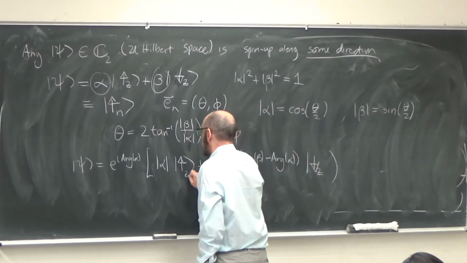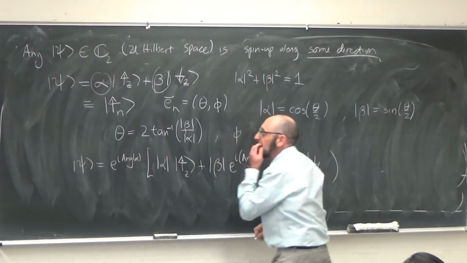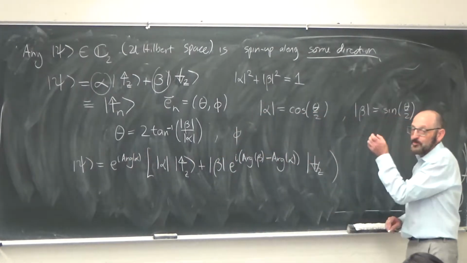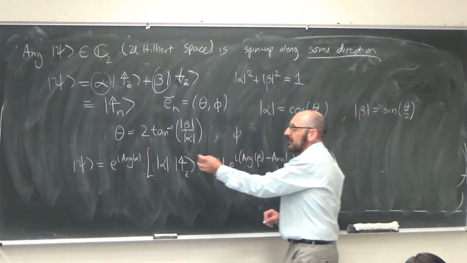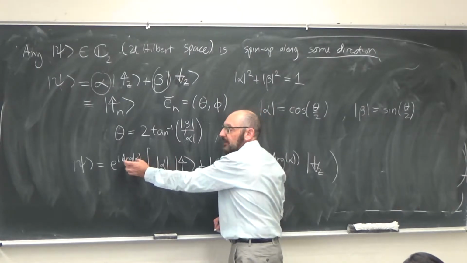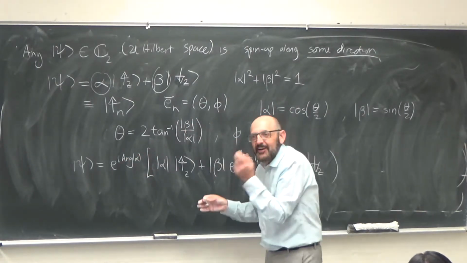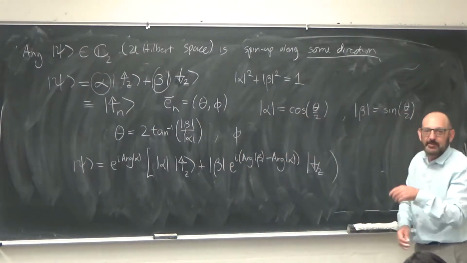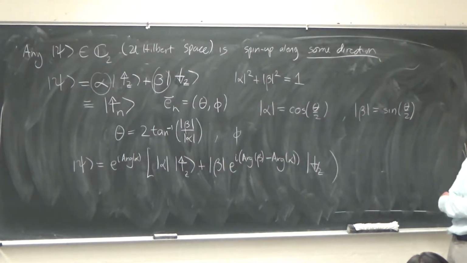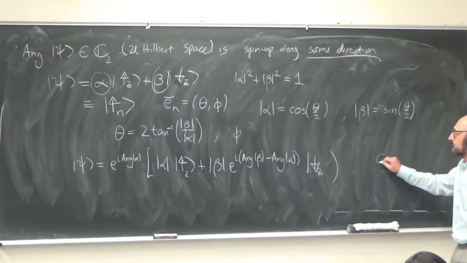Right? So this is, I've written in polar form, the complex number as having a magnitude and a phase. The phase is the arg of the complex number, right? Everyone agree that those two things are equal? And so what should I choose for phi?